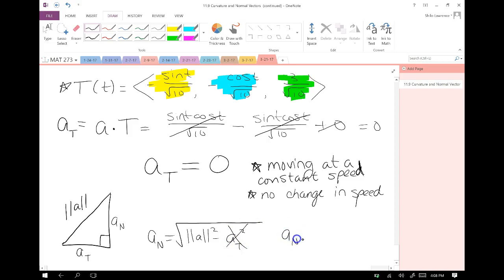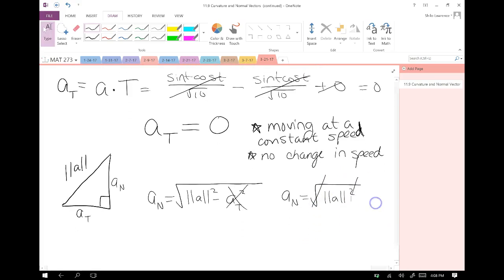So a sub n is just the square root of the magnitude of a squared, and here I'm taking the square root of a square. That means a sub n is just the magnitude of acceleration. All of our acceleration is in the normal component. All of our acceleration is going towards changing direction, and that is because none of it is tangent to the curve. None of it is going towards changing our speed.